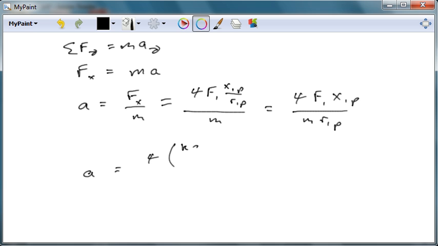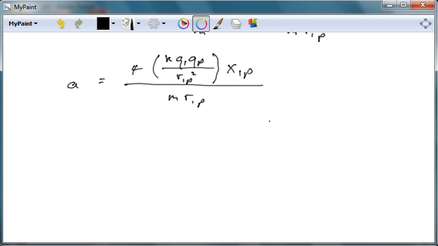K q1 qp over r1p squared. Pure substitution, that's what went in for F. Everything else I keep the same for now. M times R1P.